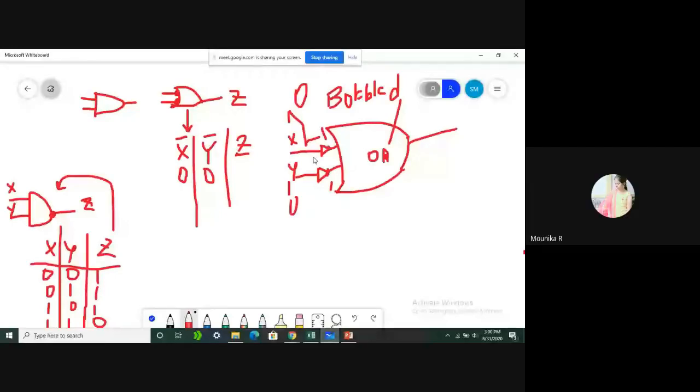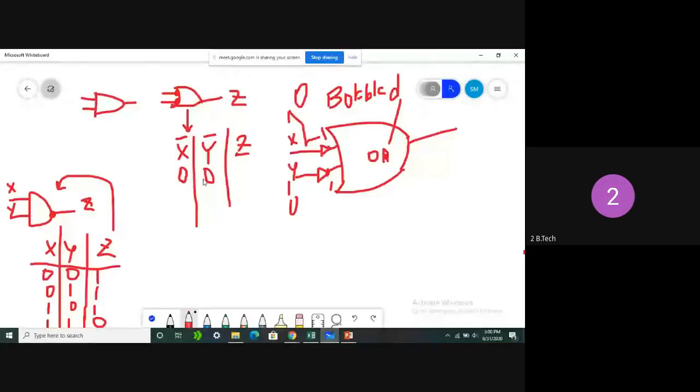Yeah, sir. So finally, if both are zeros, the OR gate takes them as both ones. What is the output for the OR gate when both are 1s? 1, sir. 1.